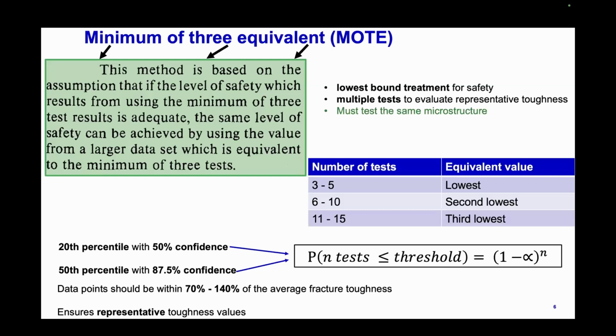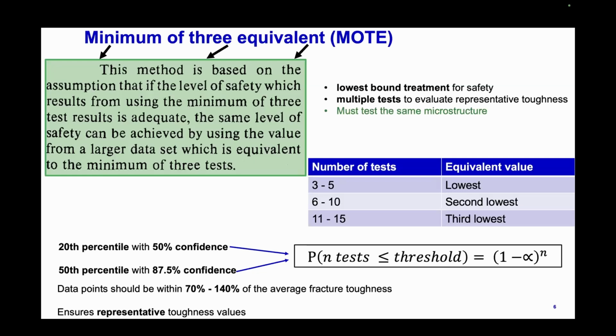So the minimum of 3 again, before the word equivalent came in to give more confusion. It also advises to use the 20th percentile, where you get 50% confidence in your ECA. What we should also note is that there is scatter in the data, variability in fracture toughness, and the scatter should be within 70 to 140% of the average toughness.